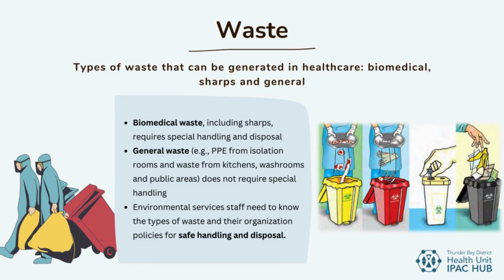General waste, for example, PPE from isolation rooms and waste from kitchens, washrooms, and public areas, does not generally require special handling, although any heavily soiled items should be disposed of in a contained manner. No matter what category it falls under, it's extremely important that environmental services staff are aware of and trained on the various types of waste and their organization's policies for safe handling and disposal.